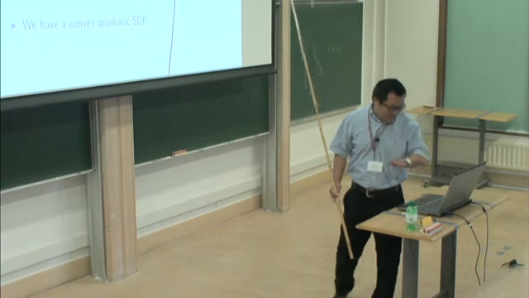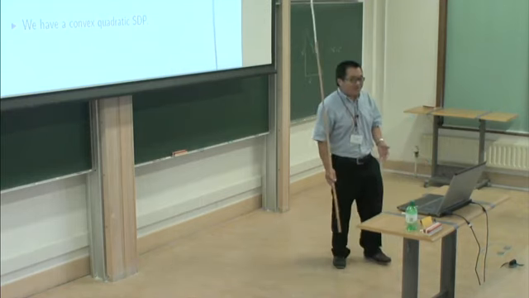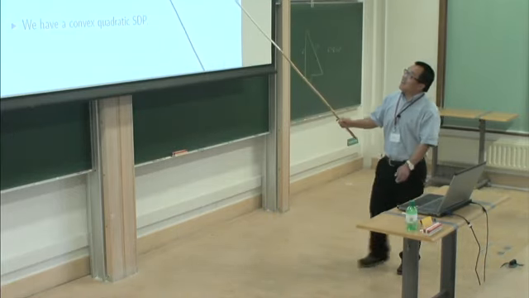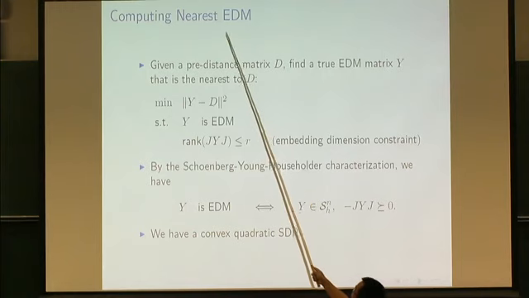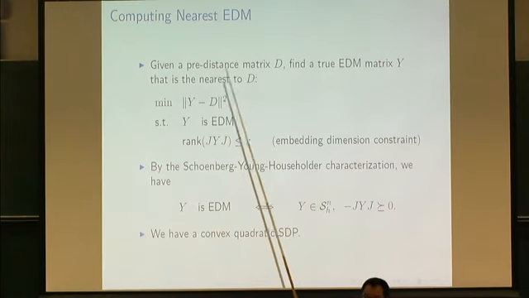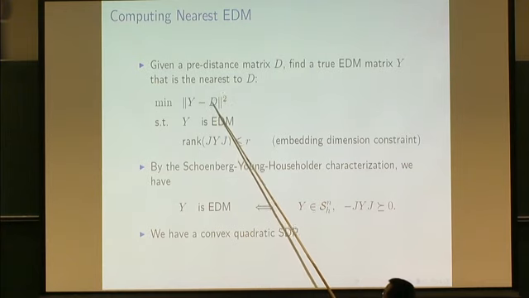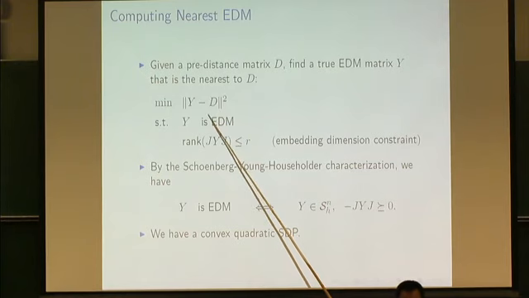But of course, optimization people say, all right, we recover this distance. That's why we have a problem called computing the nearest Euclidean distance matrix. You're given a distance matrix that contains missing distances. You may treat the missing distance as 0.